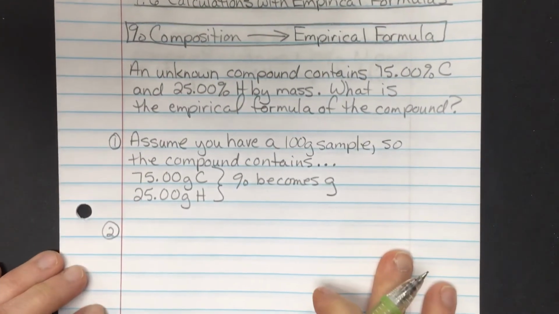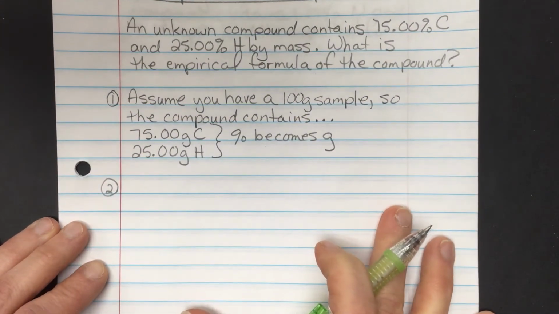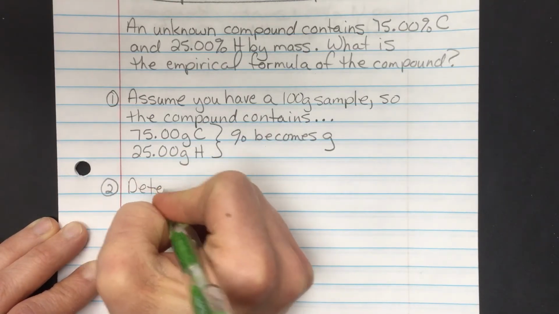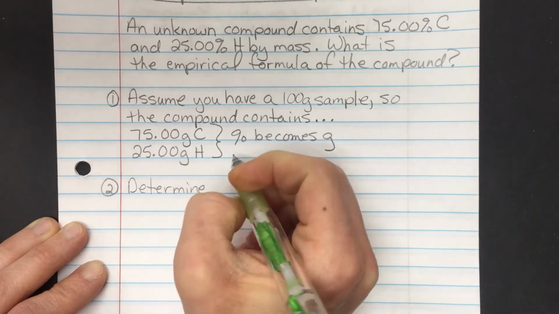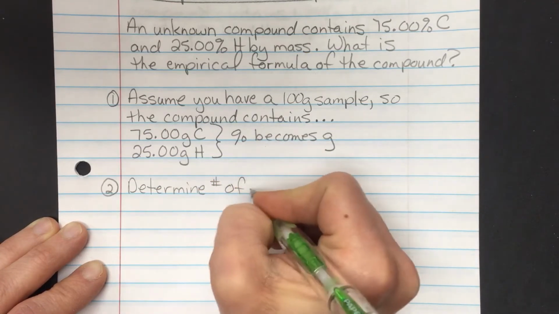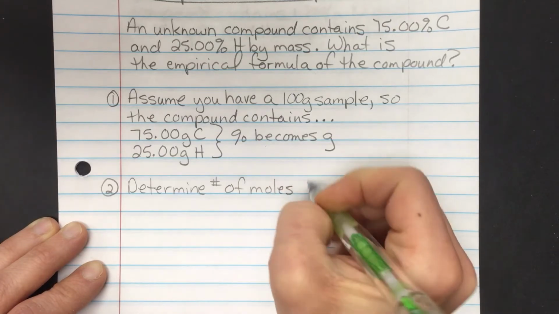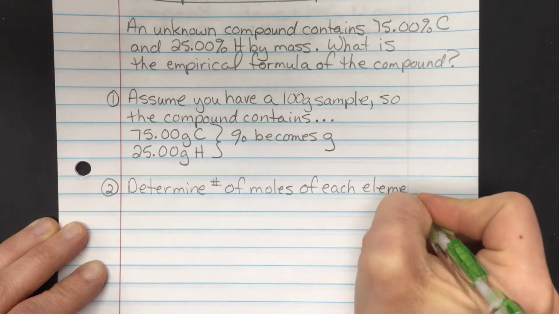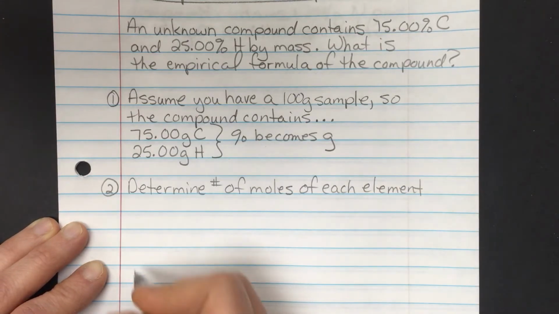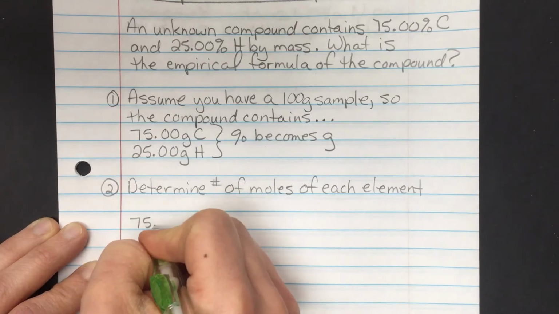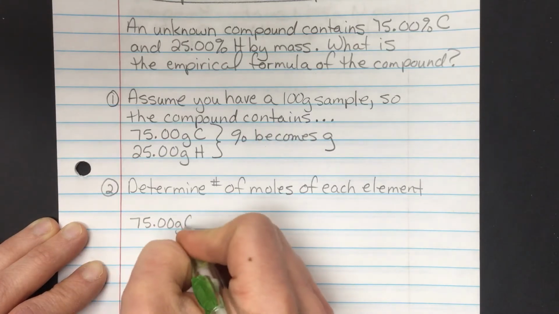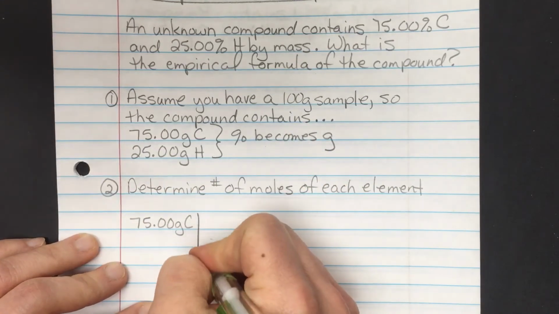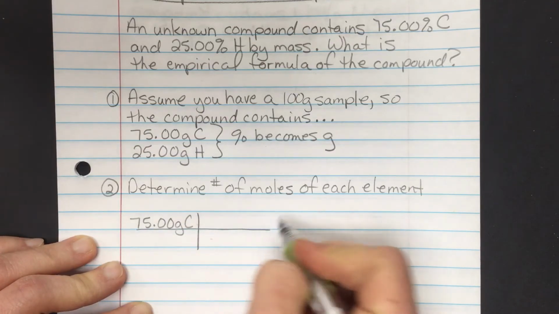The second step is to determine the number of moles of each element. So we take our 75 grams of carbon, and we have to figure out the moles. So we use our bridge notation.